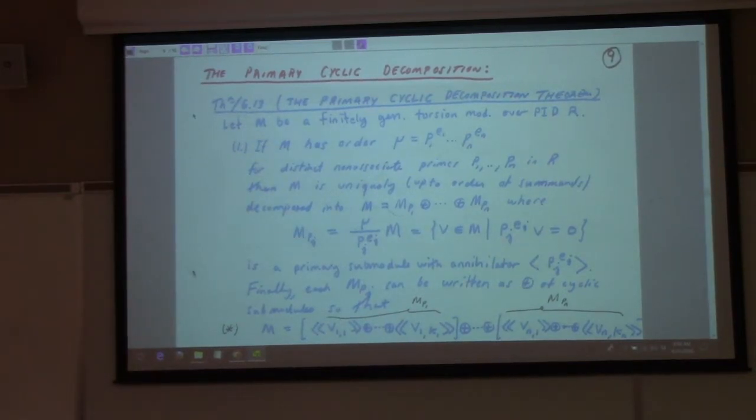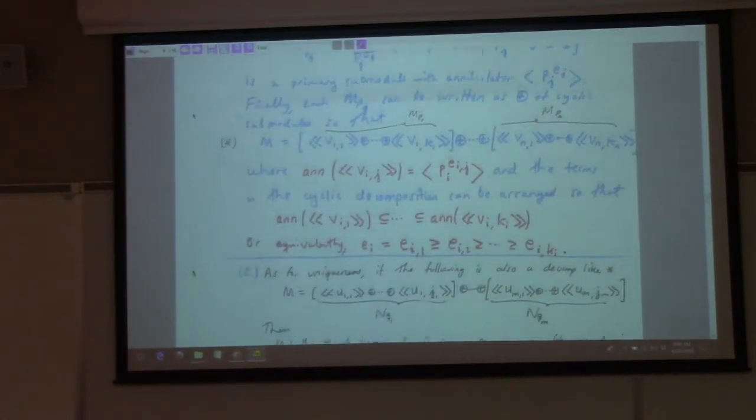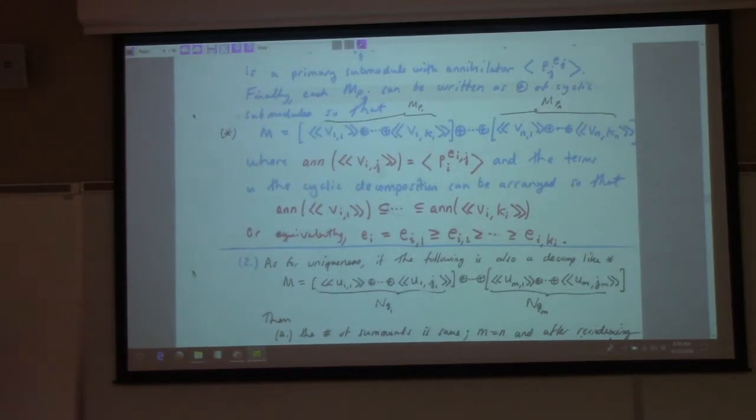In particular, we'd have like M_p1 has this cyclic decomposition, all the way to M_pn has that cyclic decomposition, where the annihilator of Vij is equal to this. In other words, let's see here.